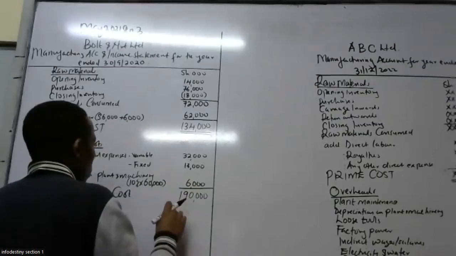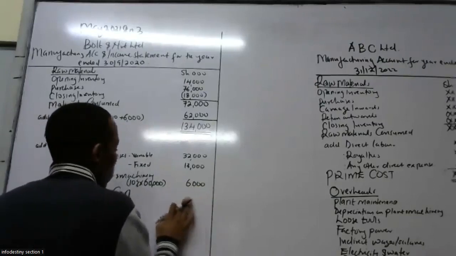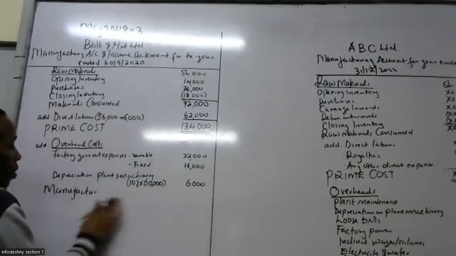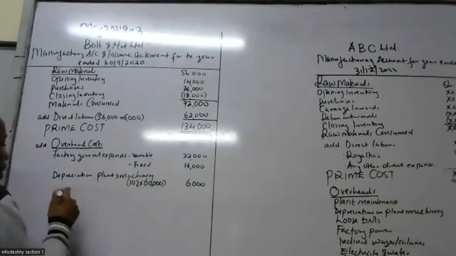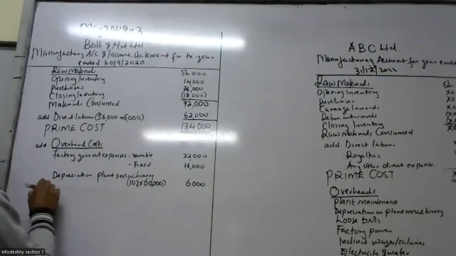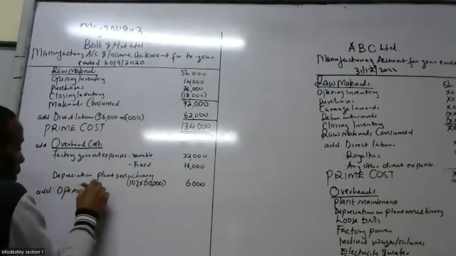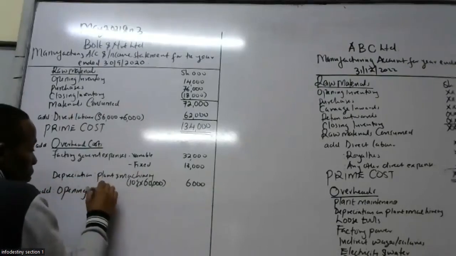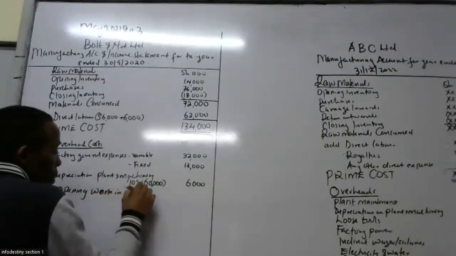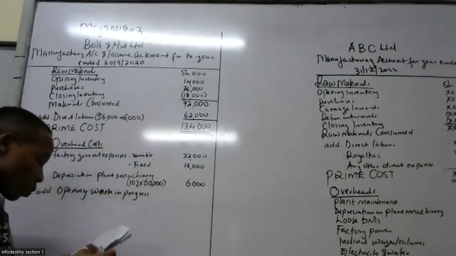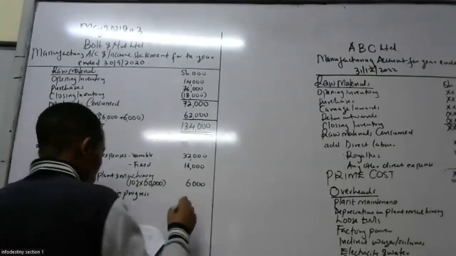Oh, sorry. Before we get this, we have left two items here. Before we get that, we add the opening work in progress. And the opening work in progress we were given under the inventories 10,000.